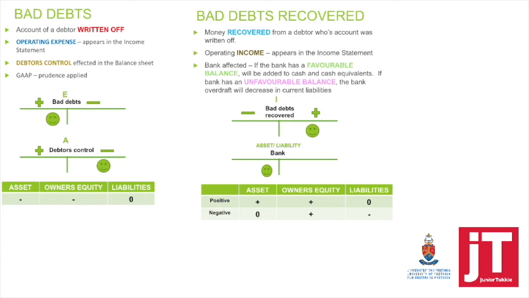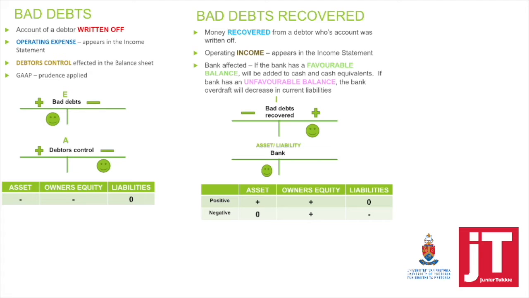Because they're no longer a debtor, we are going to say this is bad debt recovered. And bad debt recovered is an income. Do not credit your bad debts if a debtor makes a payment, a debtor whose account was written off.